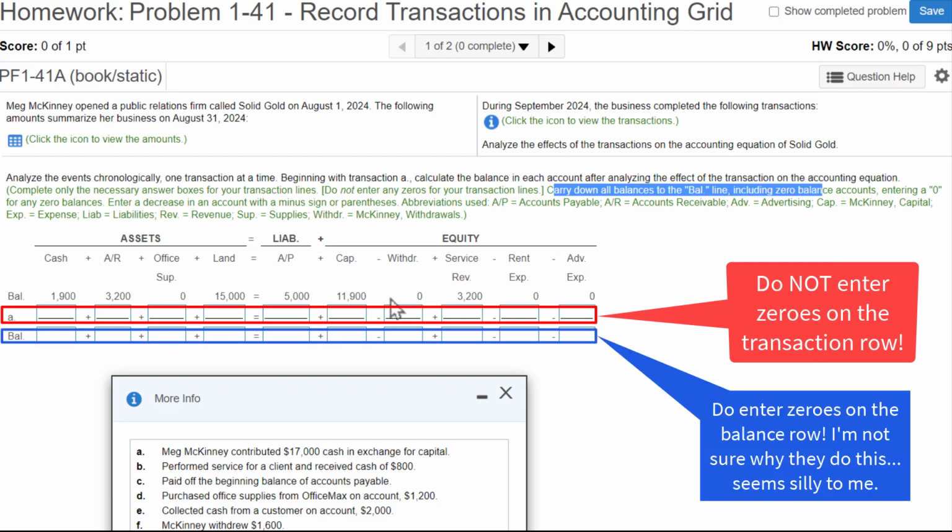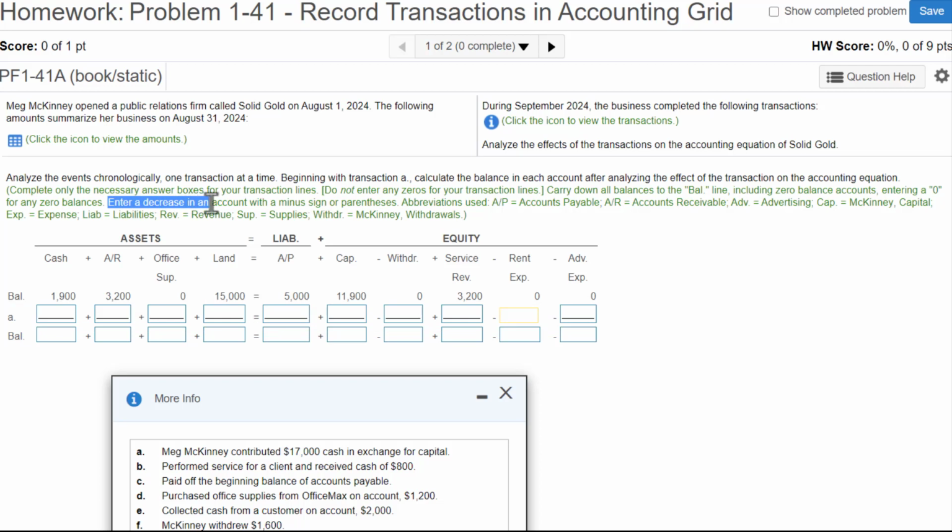I really don't like this about this type of problem in MyAccountingLab. So they're saying, for instance, on the transaction row, if rent expense is not affected, don't put a 0. However, for some reason on the balance row, they do want you to enter zeros. It doesn't make sense, but anyway, we have to live with that.